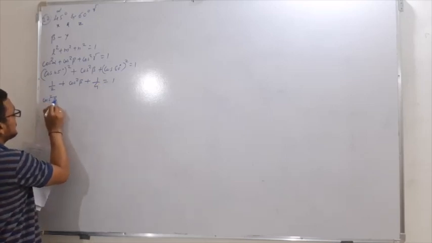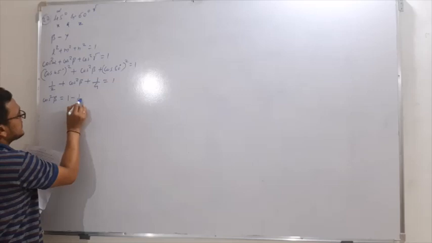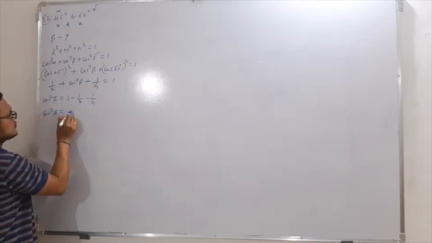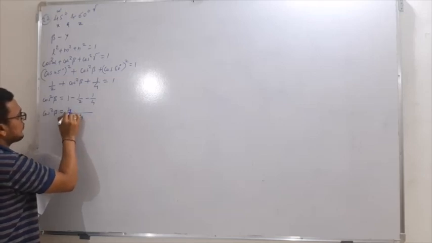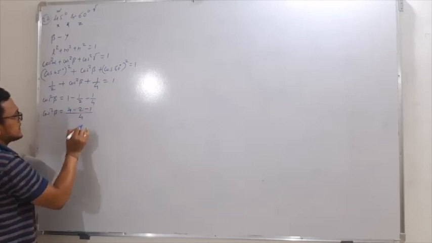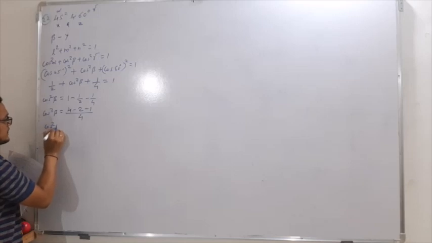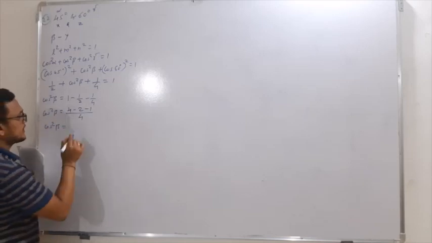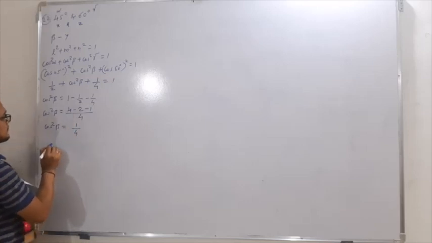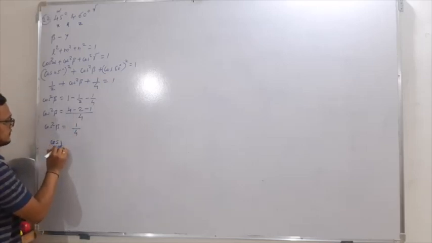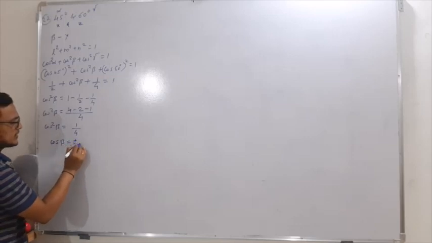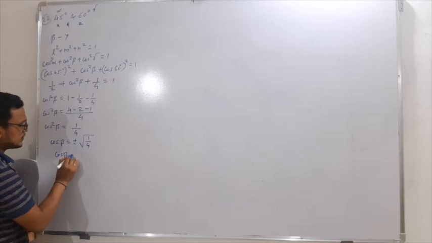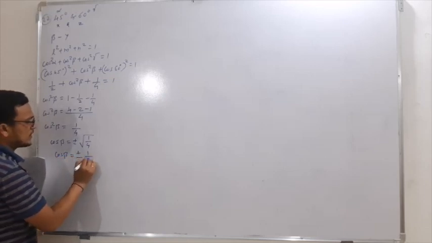Then cos square beta is equals to 1 minus 1 by 2 minus 1 by 4. See, LCM is 4 here, so it is 4 minus 2 minus 1. So what is the answer here? 4 minus 2 is 2, 2 minus 1 is 1, so 1 by 4. Or cos beta is equals to plus or minus root of 1 by 4, or cos beta is equals to plus or minus 1 by 2.